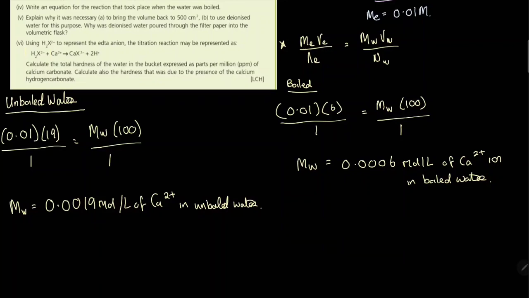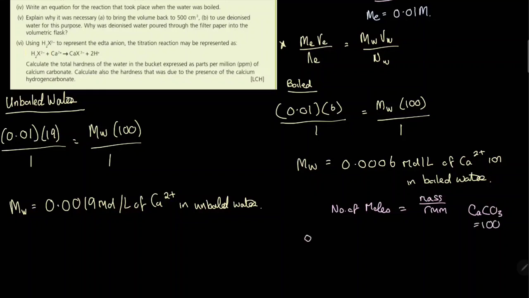Okay, so to do that we need to first convert to grams. So we're going to use this formula: number of moles equals mass over relative molecular mass. And it says in terms of calcium carbonate. So our relative molecular mass is going to be calcium carbonate, which is 40 plus 12 plus 3 times 16, which gives us 100.